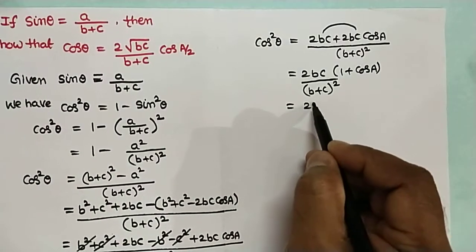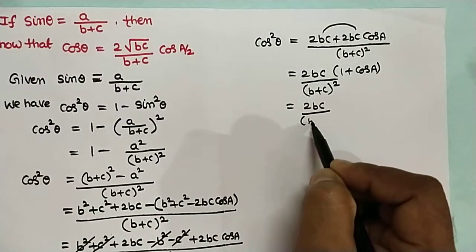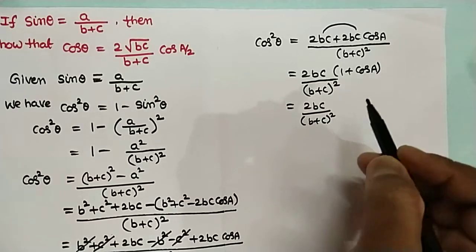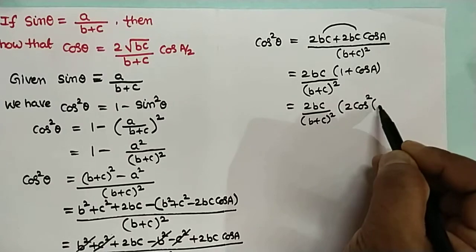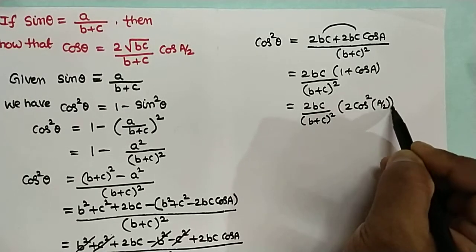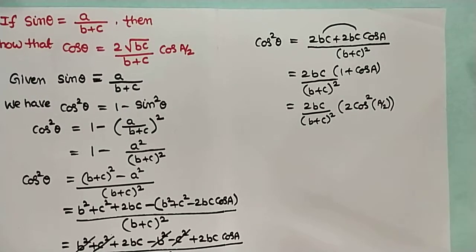We know the formula: 1 plus cos a equal to 2 cos square a by 2.